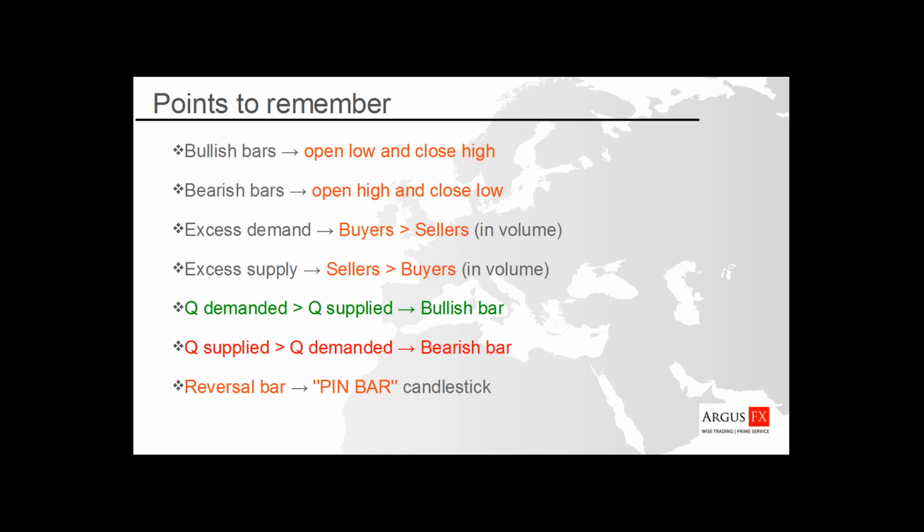In the case of a bearish bar, the quantity supplied is greater than the quantity demanded because we have more sellers trading than the buyers. And what we have talked about at the very last slide of this webinar, a major reversal bar is the key candlestick bar called the pin bar.